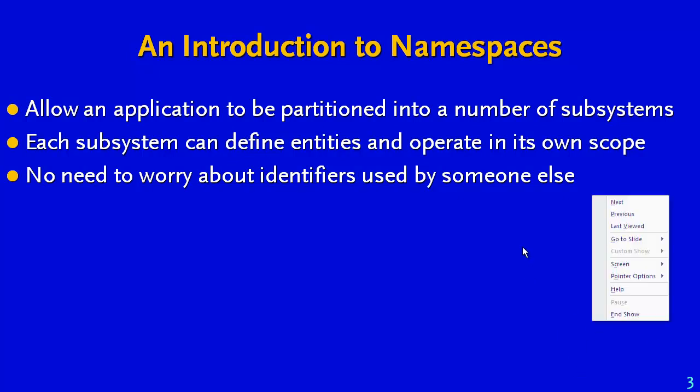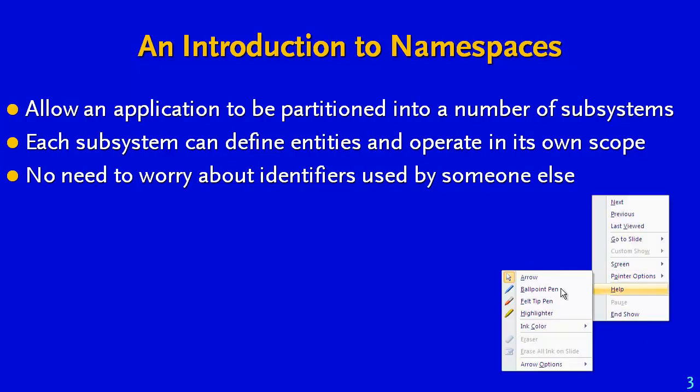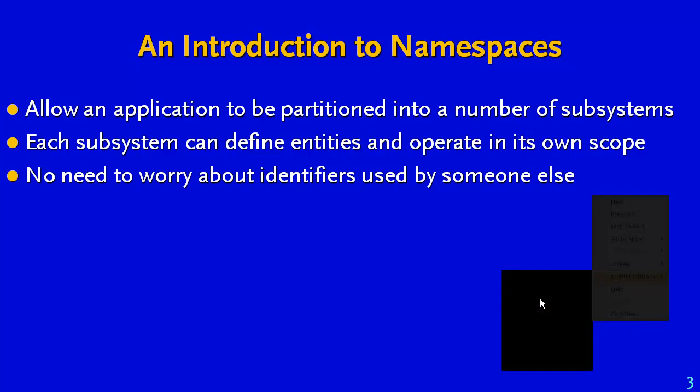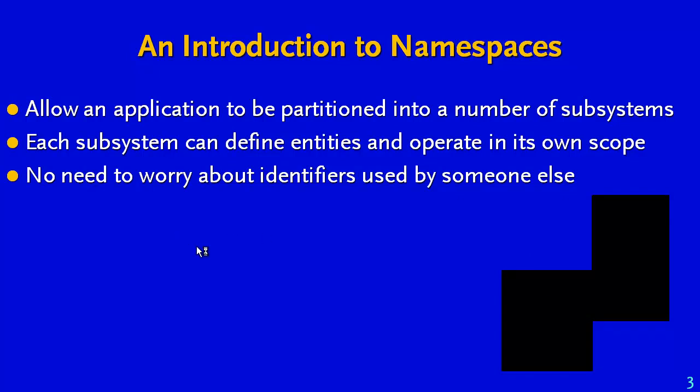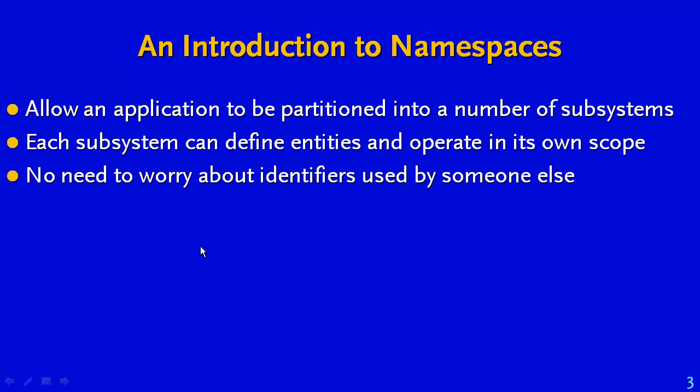So let me just draw a diagram here before we start on the details. So I've got, let me draw a puppet for the developer. So I've got one environment.